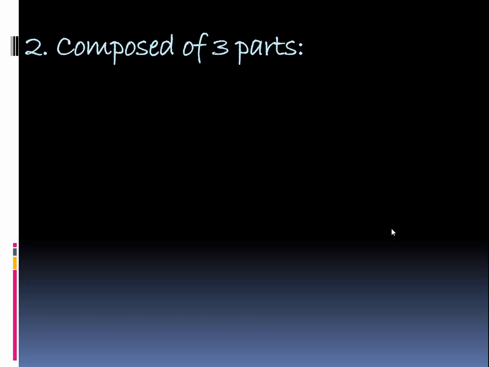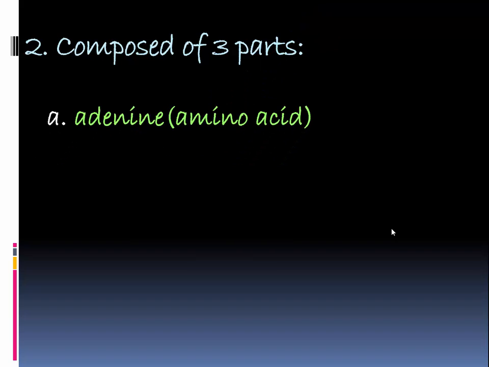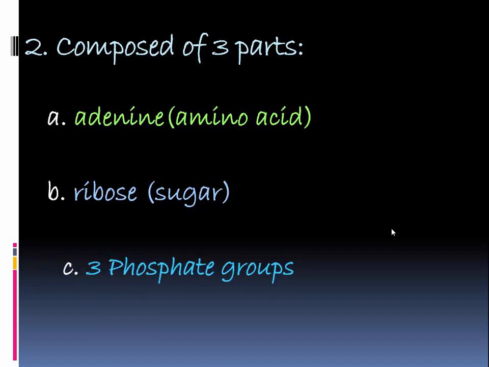And that ATP molecule is composed of 3 parts. It's composed of adenine, it has a ribose, a sugar in it, and it has 3 phosphate groups.